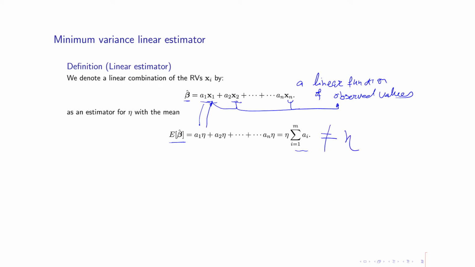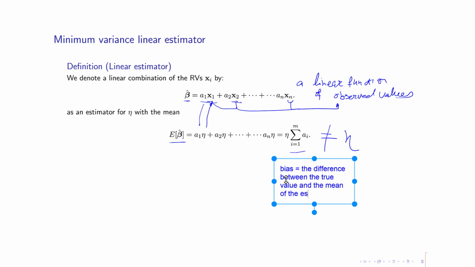The difference between the mean of your estimator and the true value is called bias. So bias is equal to the difference between the true value and the mean of the estimate.